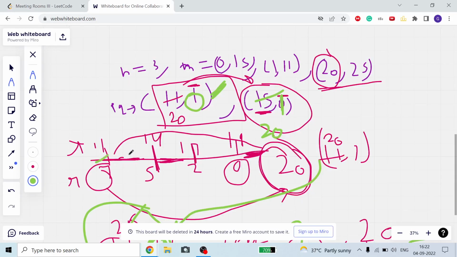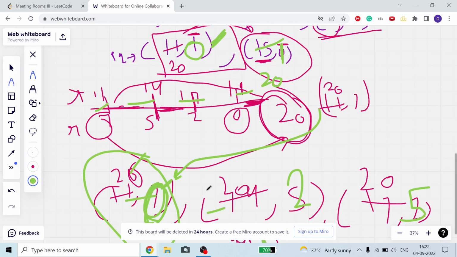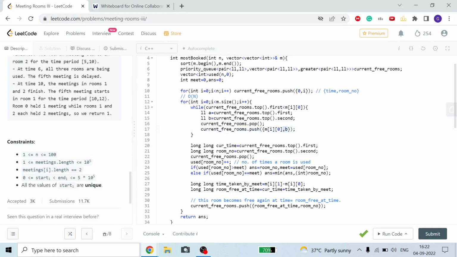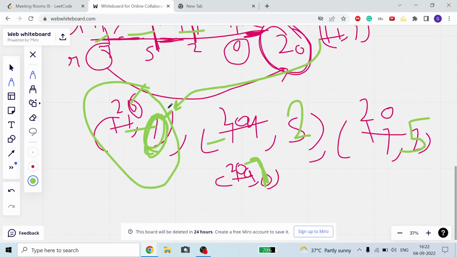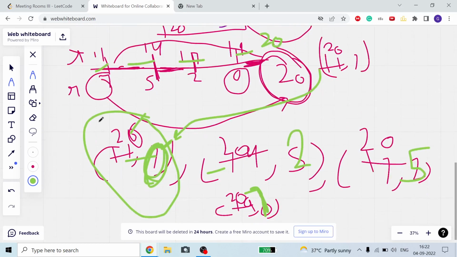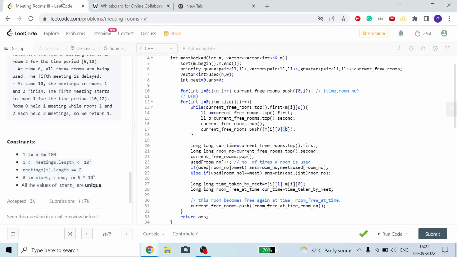Initially they all are free at 11, 14, 17, 19, but now they will all be free at 20. The room number remains the same. So 11 7, 14 5, 17 2 and 19 0 will become 20 0, 22 5, 25 2, 27 7. The room numbers provided to me will remain in sorted order.